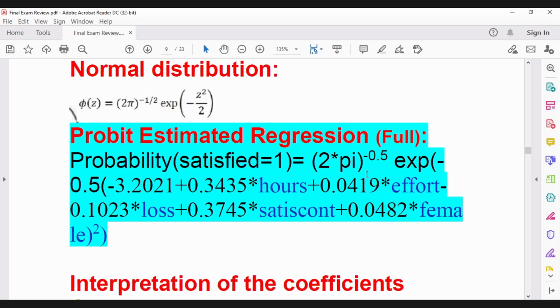This equation is exactly the same as this one, except that we replace x by beta 0 plus beta 1 x1 plus beta 2 x2 and so on. So we get (2 pi) to the power of minus 0.5 times exponential of minus 0.5 times (beta 0 plus beta 1 x1, beta 2 x2, beta 3 x3, beta 4 x4, beta 5 x5).